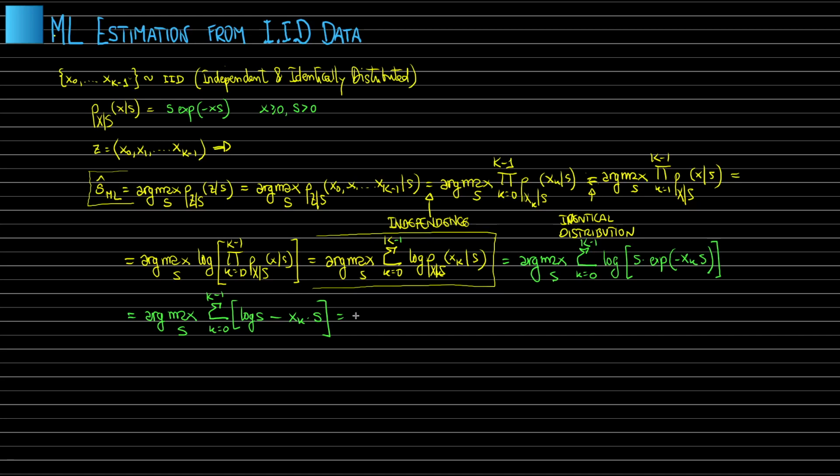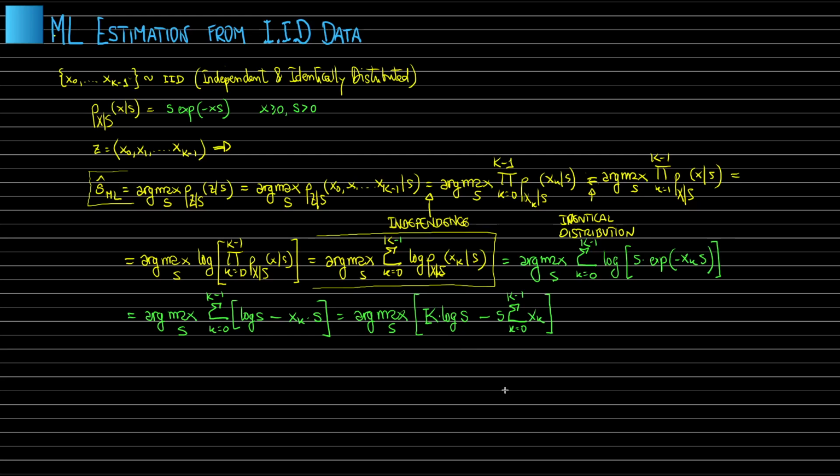And this is equal to the value maximizing with respect to S the sum, capital K times the log of S, since the sum of the log of S is just K times the log of S, and with respect to the second term we can take the common factor S out from the sum to get this expression.